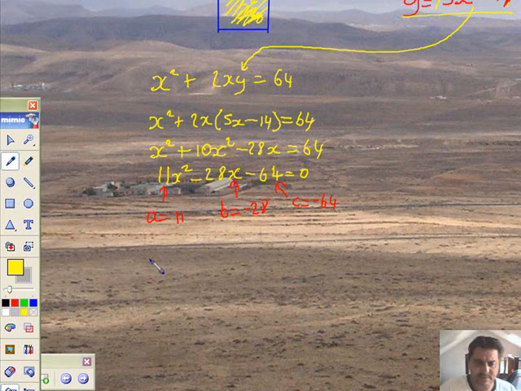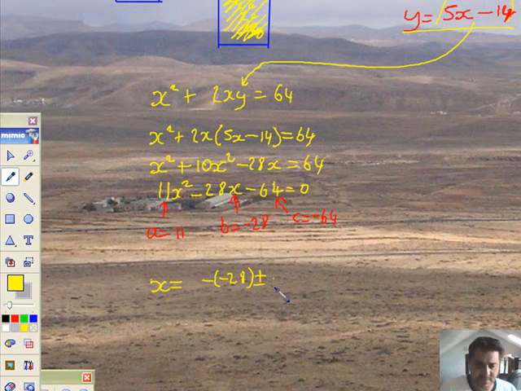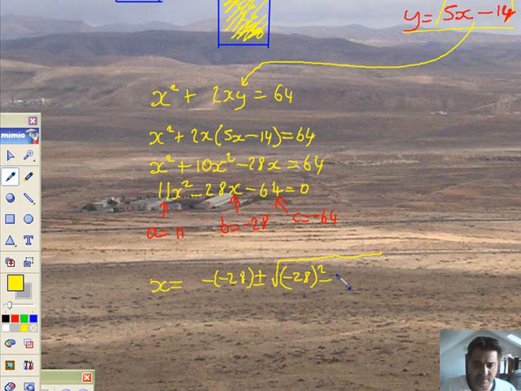So we're solving for x then. x equals minus b, which is minus 28, plus or minus the square root of b squared, and b squared is going to be minus 28 squared, minus 4, a is 11, and c is minus 64. There you go. Horrific. Divide all that by 2 lots of a, which is 2 lots of 11.